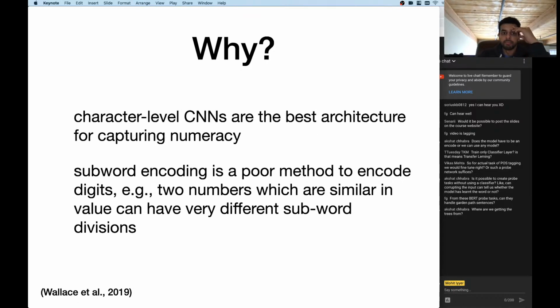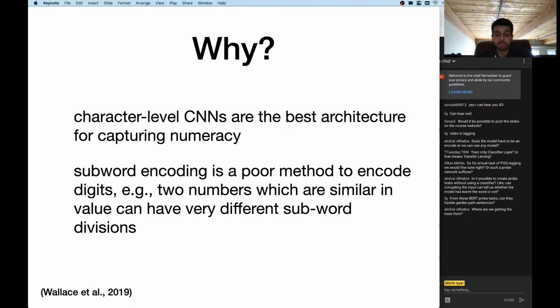So the takeaway of these experiments is that models that are at the character level understand numbers way better than models that are at the subword or word level, which makes a lot of sense, because the subword encoding, the byte pair encoding that we learned about, has nothing specific to numbers. Some numbers could be represented by a single vector, even if they're multiple digits.